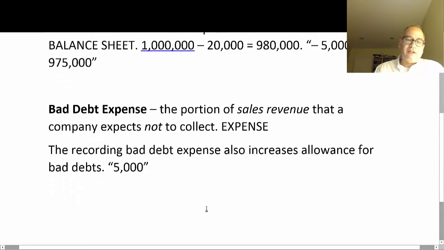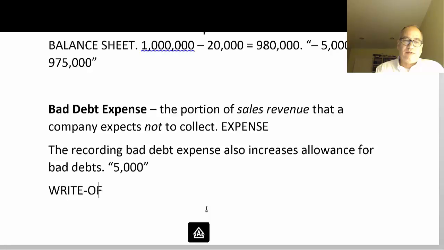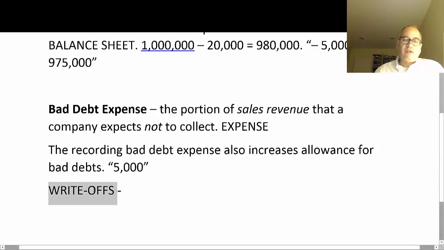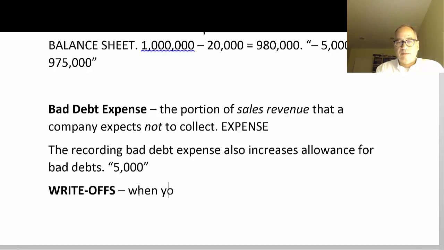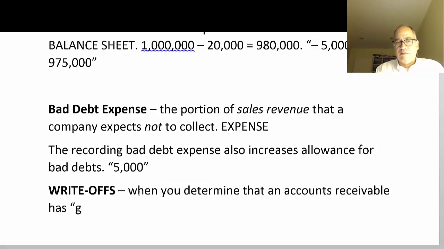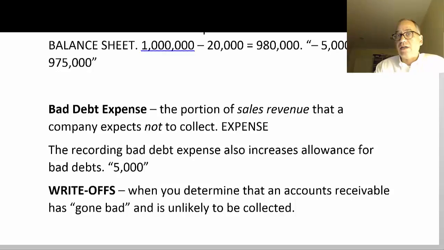One more thing to know about is what we call write-offs. The way write-offs work is when you determine that a bad debt goes bad, then you write it off.